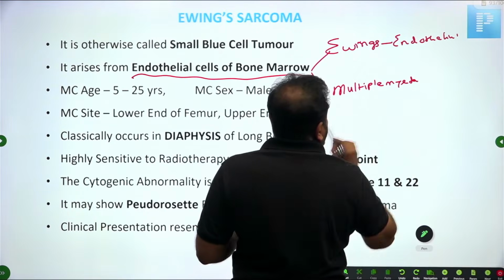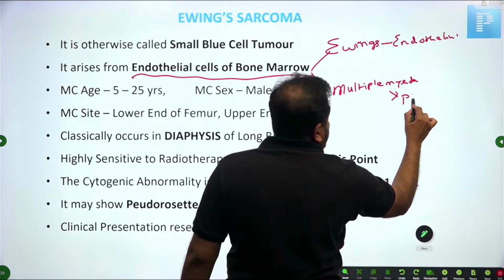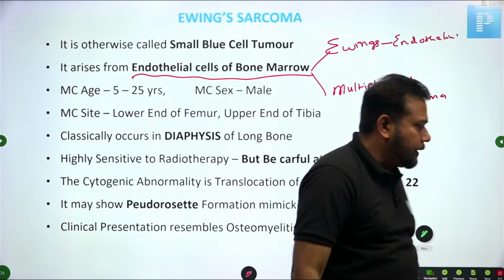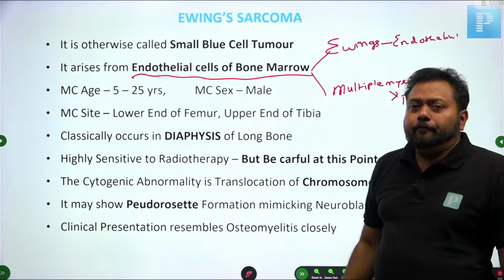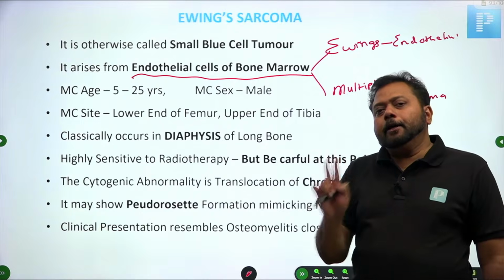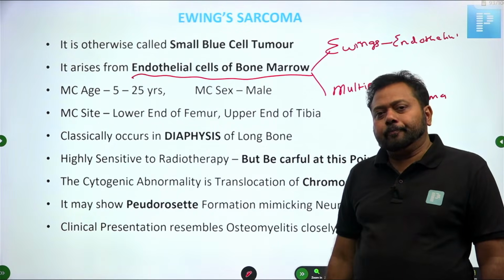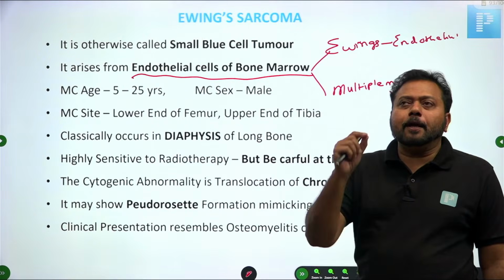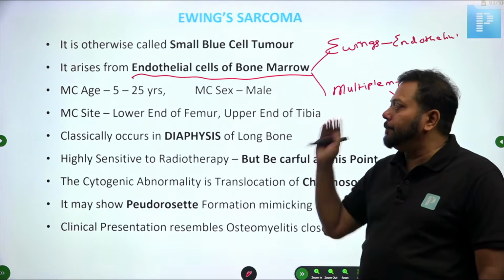Multiple myeloma arises from plasma cell. So from bone marrow, two malignant tumors are arising. One is Ewing sarcoma, which arises from endothelial cell of bone marrow. Another arises from plasma cell of bone marrow, that is called multiple myeloma.